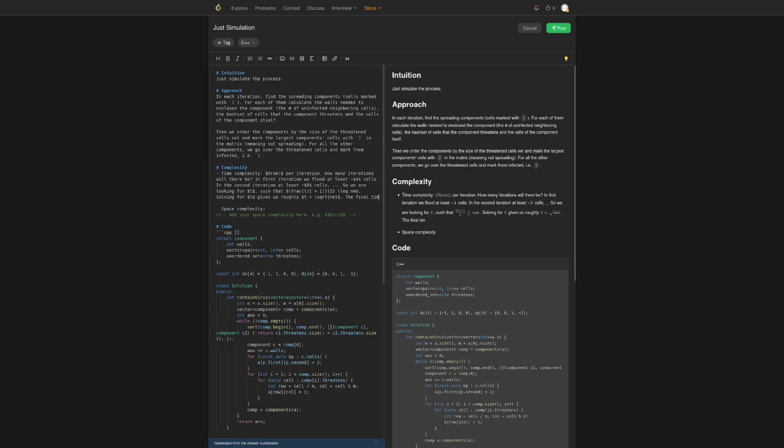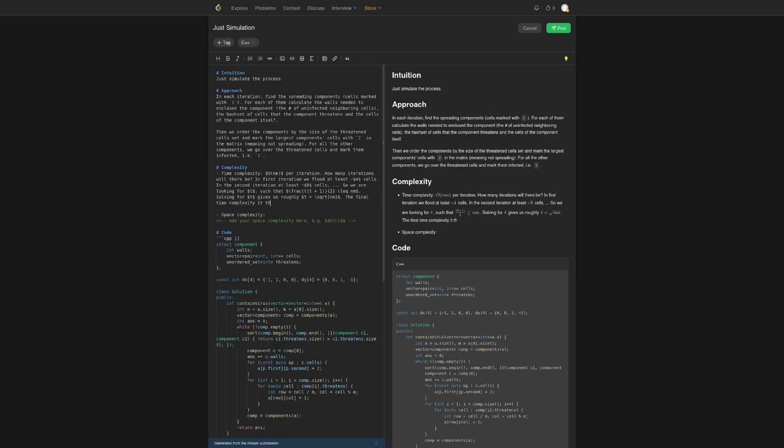The final time complexity is therefore, worst case, (nm) to the power 3/2, something like that, I think.